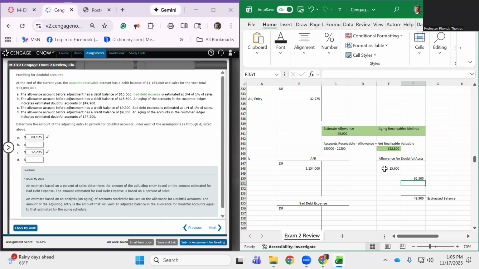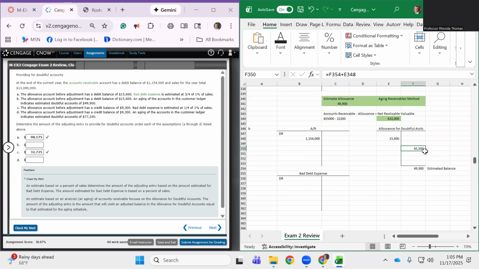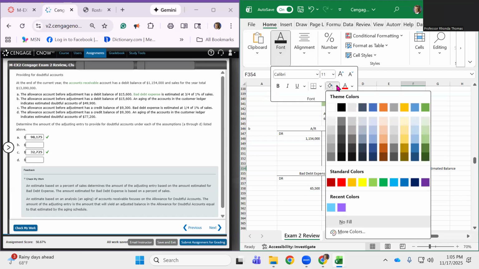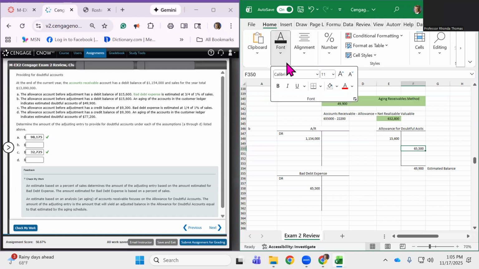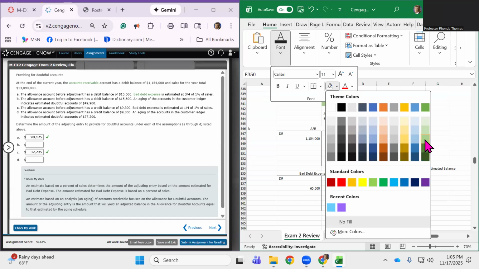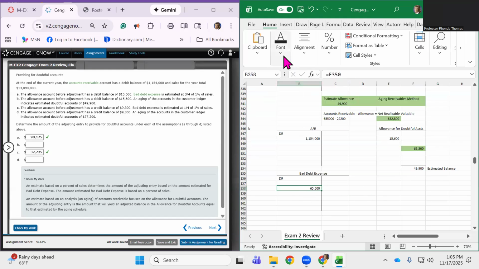So if you had $15,600 in this account on the debit side, you would need to put a credit of 65,500, which means you would debit bad debt expense for that, so that this account then has this estimated balance. The estimated balance is what we want the account to have in it. That's the difference. The percent of sales method finds bad debt expense. So let's put our 65,500 there.